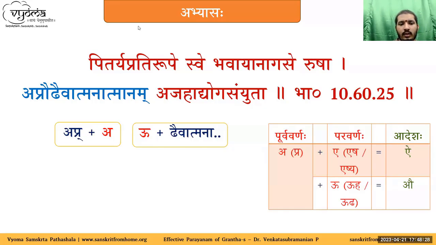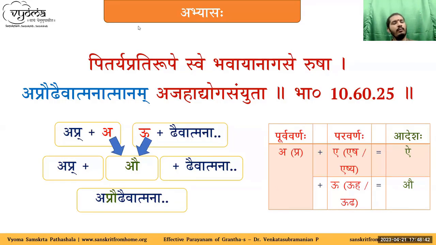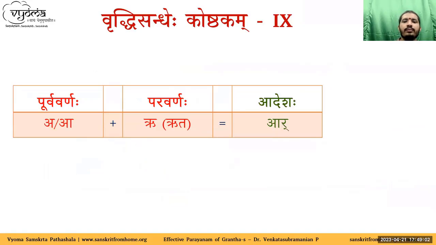Apra can be split as apra u dhaivatmana. If you join those two, we get the adesha aukara. So if we join all the letters, we get the rupa apraudhaivatmana. And in apraudha eva there is also another sandhi, which we have already seen in the last class, so I have not shown it again here. Apraudha is the sandhi we saw.